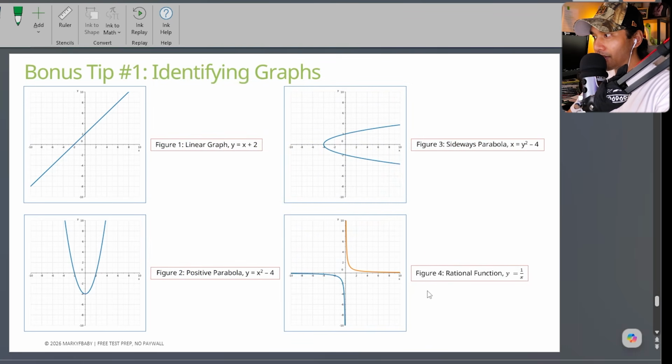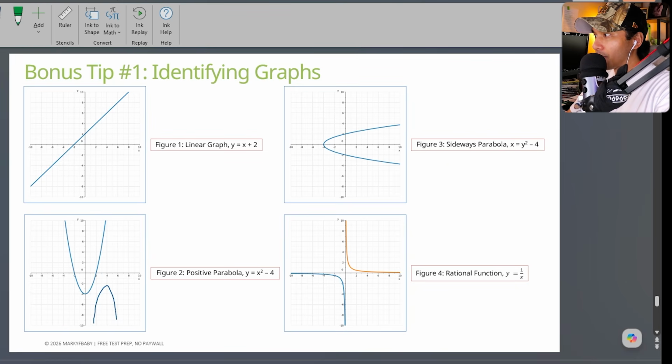But the thing is, rational functions, for example, that's touching onto Algebra 2, okay? But I want you to be able to identify what a linear graph is, what a parabola is, okay? This is a positive parabola. A negative one just goes like this, okay?